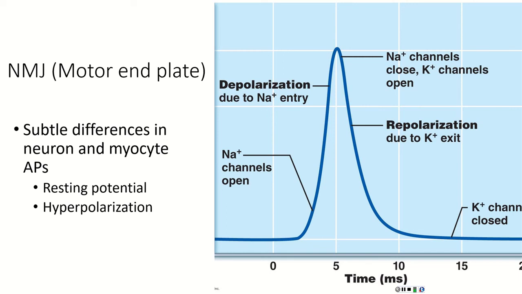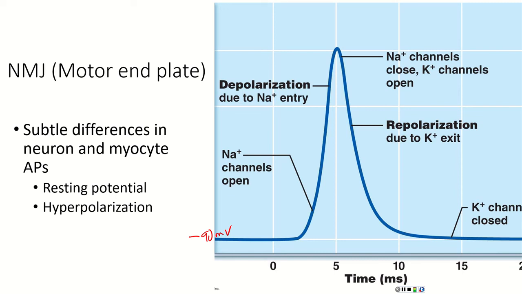So this looks just like the action potential that we saw in the previous chapter. But there are some very subtle differences. In a muscle cell, resting potential is actually negative 90 millivolts.